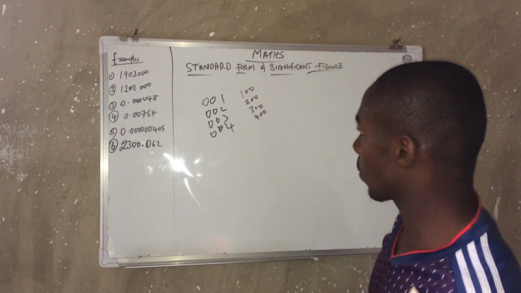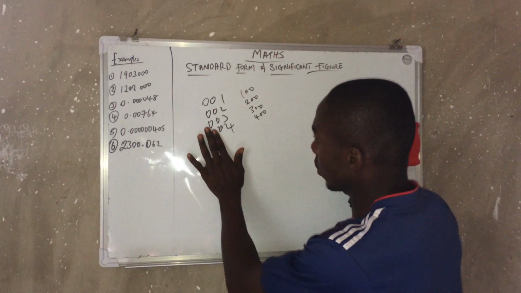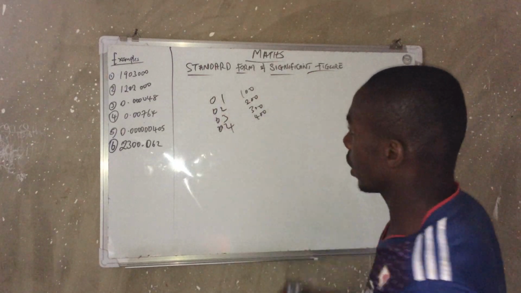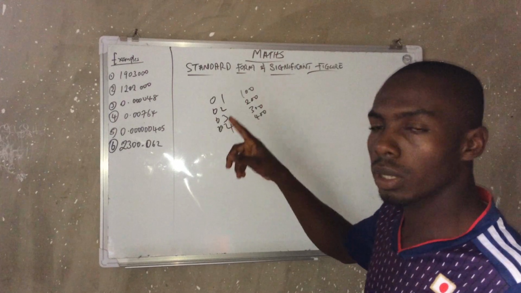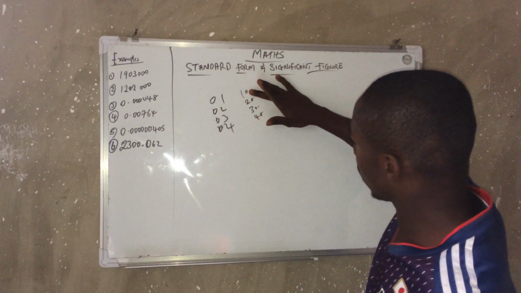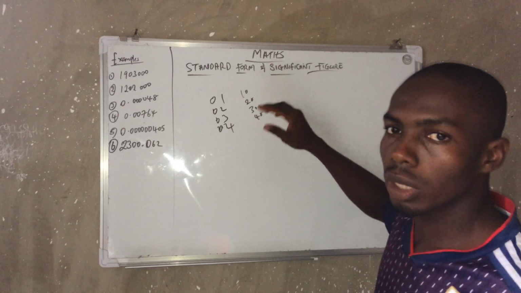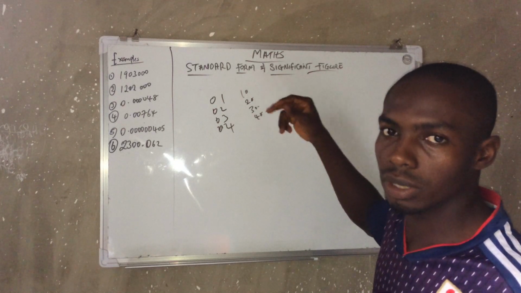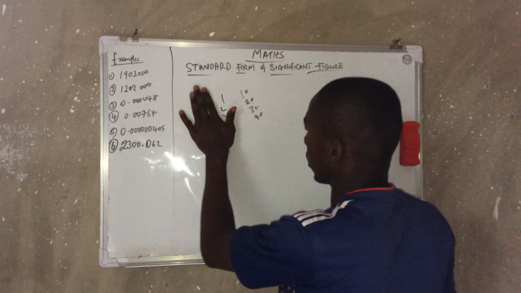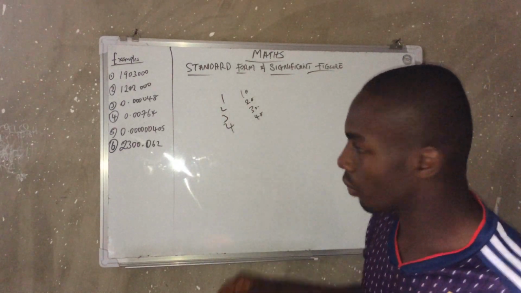Now let us try something. If you claim these zeros here, it is still 1, 2, 3, 4. But if you claim this one that is here, you find out that you don't have 100, 200, 300, 400 again. What you have is 10, 20, 30, and 40. Claim this one again that is here, you still have 1, 2, 3, 4.